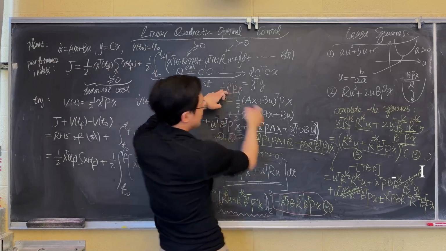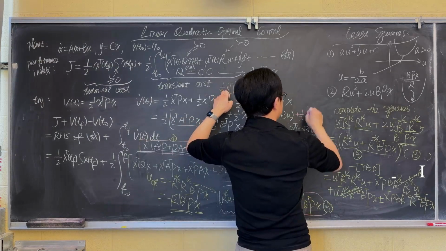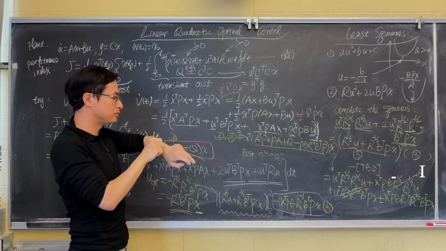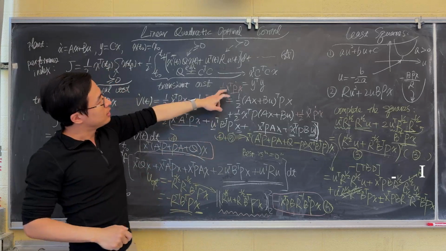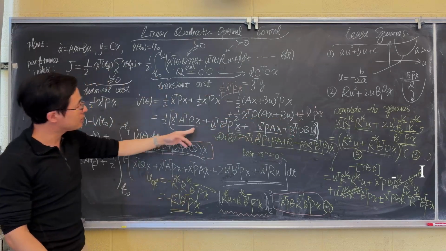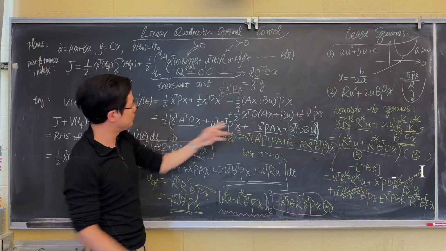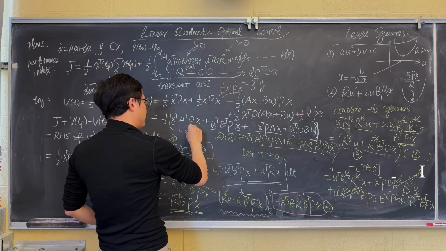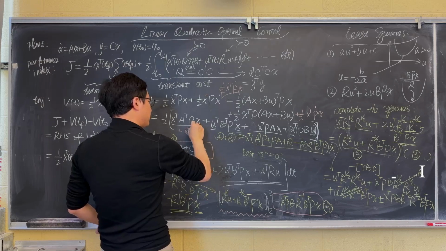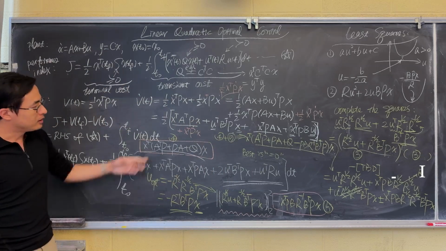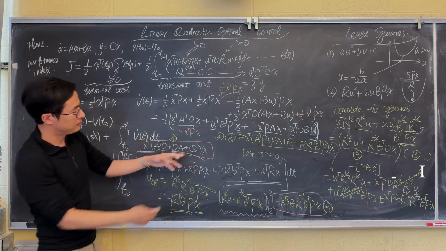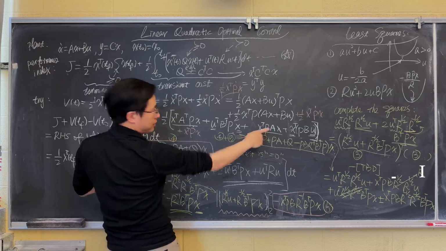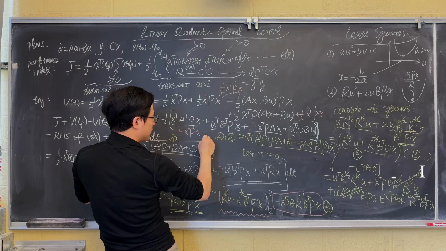So you have this extra term, you have extra term here. Extra term here, and then it's going to appear also in here as one extra term. And then it appears, so it's a quadratic term about x, it appears also in here.